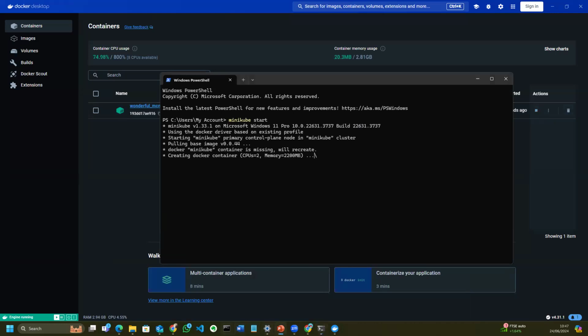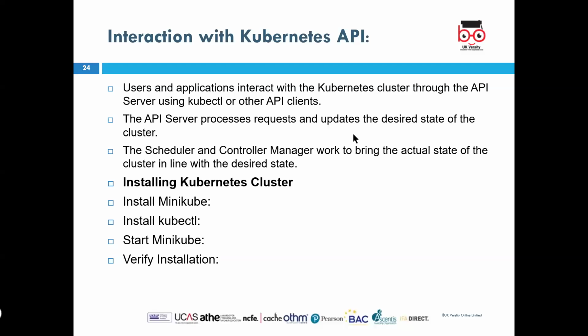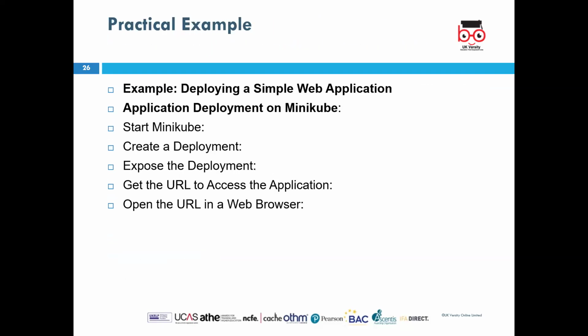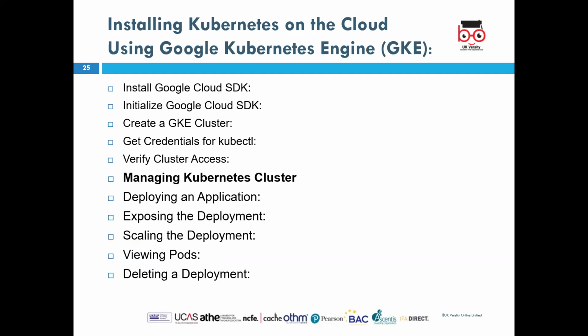Okay, while this is creating, let's get back to our presentation. So the steps, as we see, for installing a Kubernetes cluster: first of all, we'll install Minikube, install kubectl, start Minikube, and verify the installation from its website.